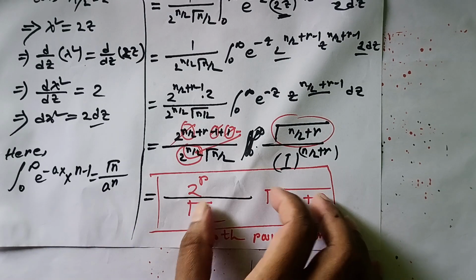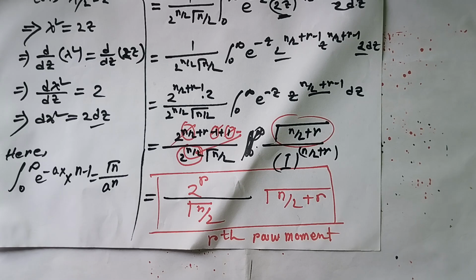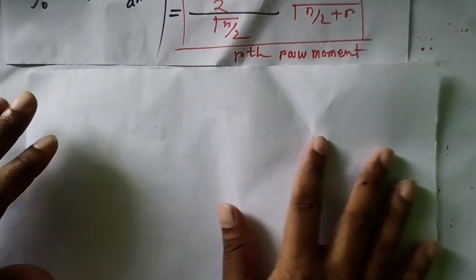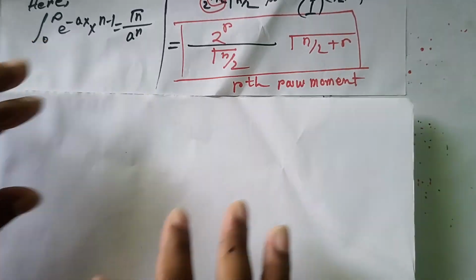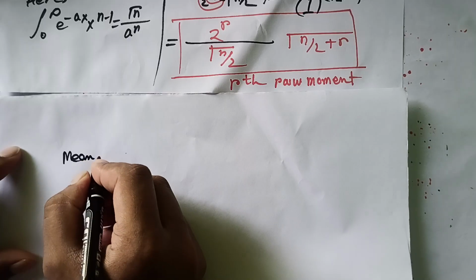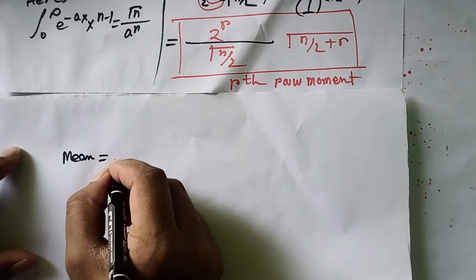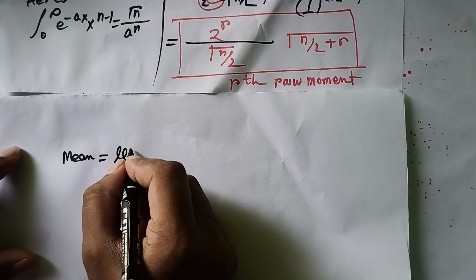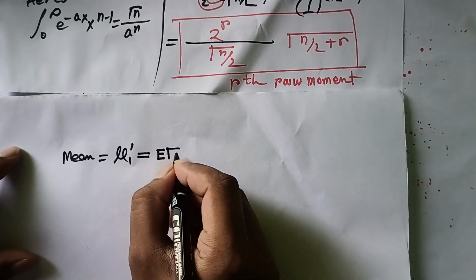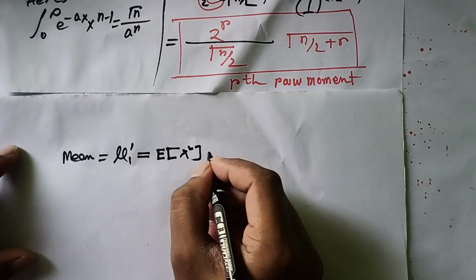Now from this raw moment we will calculate our mean. So we found our raw moment, now we will find the mean. Mean is defined and denoted first of all as mu1 prime, which is equal to the expectation of chi-square only.